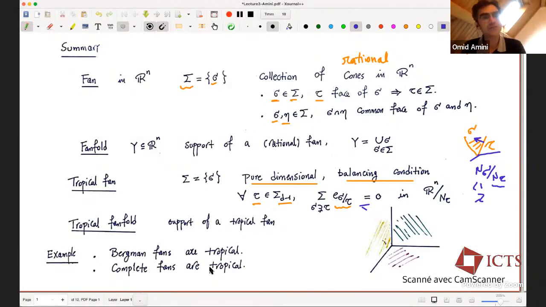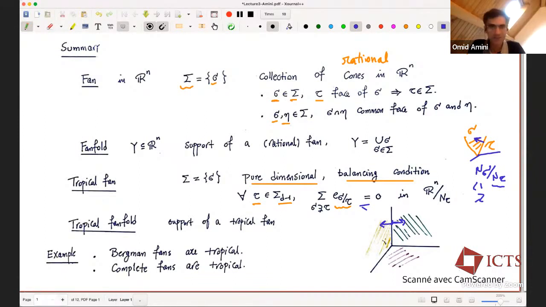So the sum is equal to 0. Here is an example of a fan which is complete. This is a cone of dimension 1, codimension 1 as well, because we are in dimension 2. You see that this vector and this vector are opposite to each other, so their sum is 0. So tropical fans generalize Bergman fans and complete fans.